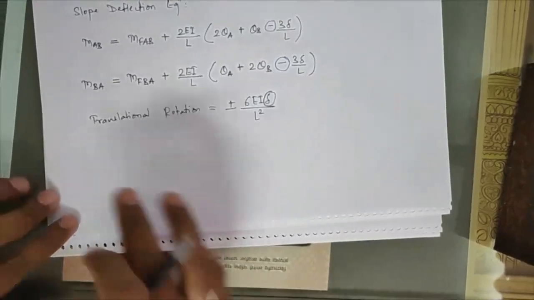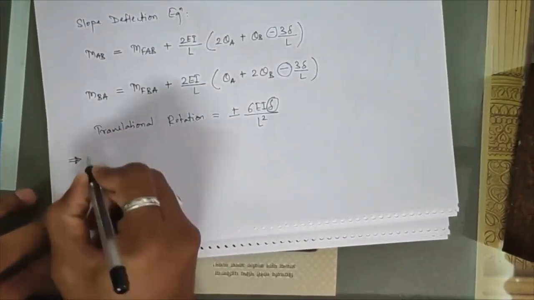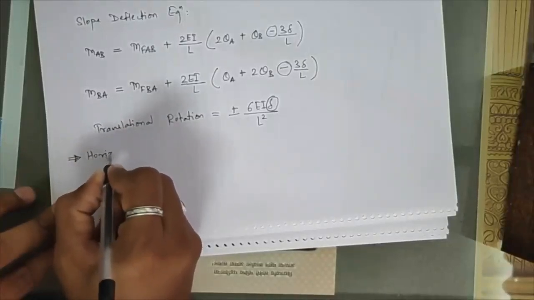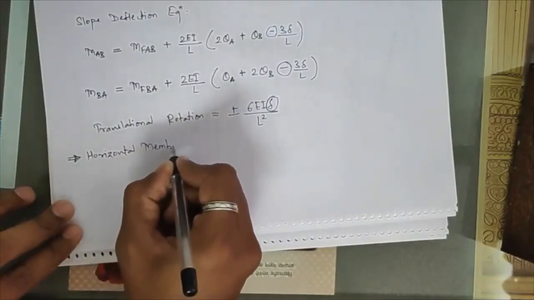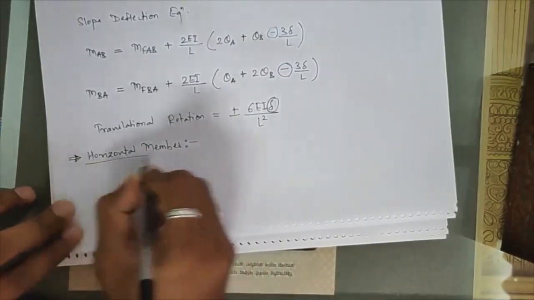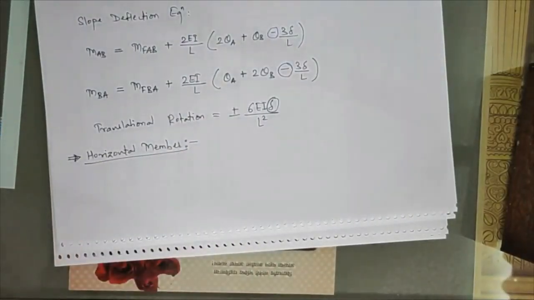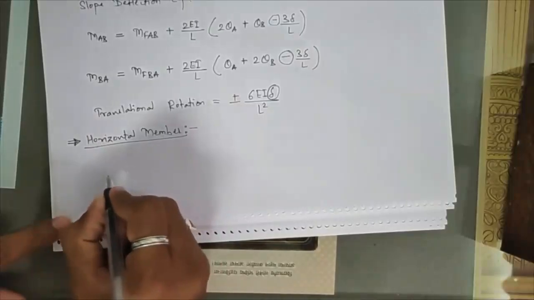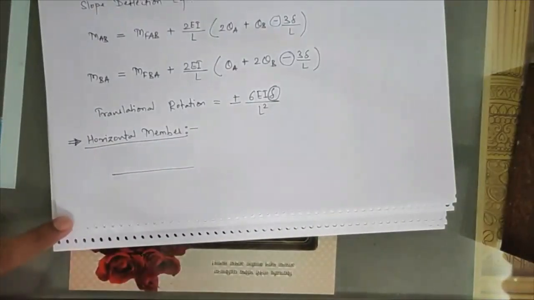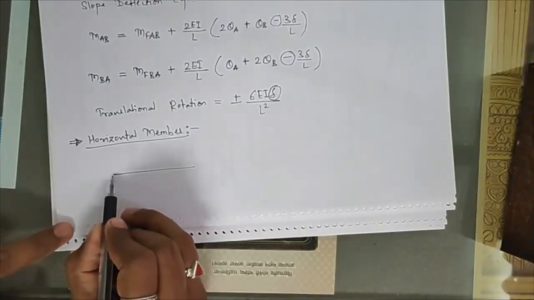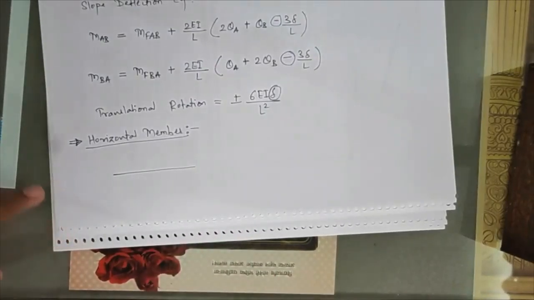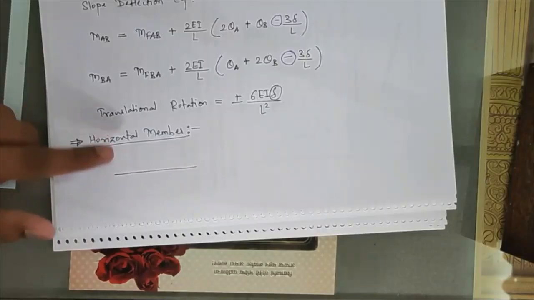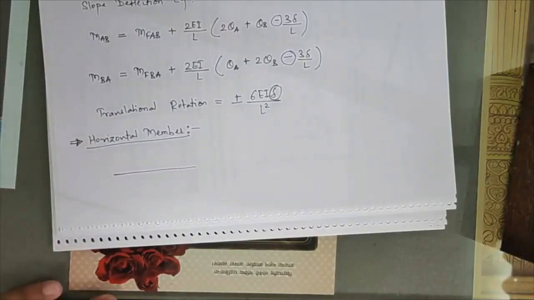First, we will see if your member is a horizontal member. For a horizontal member, depending on four sides, suppose I consider any horizontal member, either the deflection will be at the left end, or at the right end, or on the upper side of the member, or on the down side of the member.